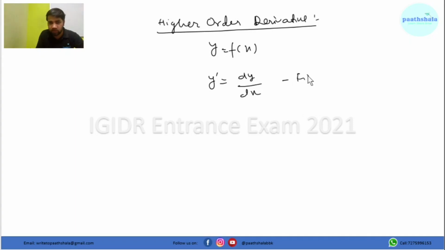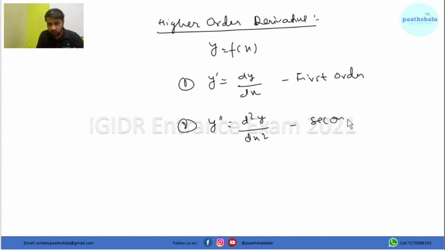This is called the first order derivative because here we are differentiating f(x) with respect to x only one time. Now if I differentiate this first derivative with respect to x, it will come out to be y double dash, this will be d2y by dx2. Okay, this is called the second order derivative.